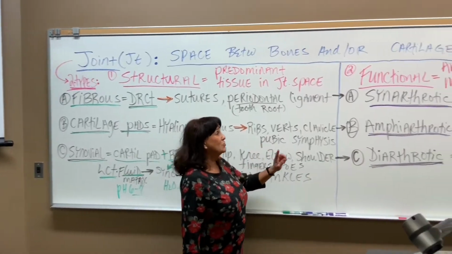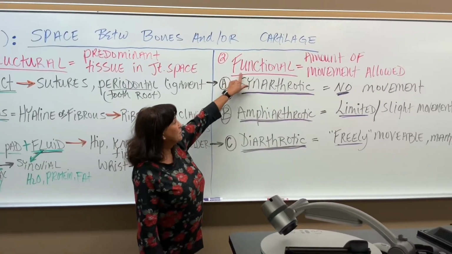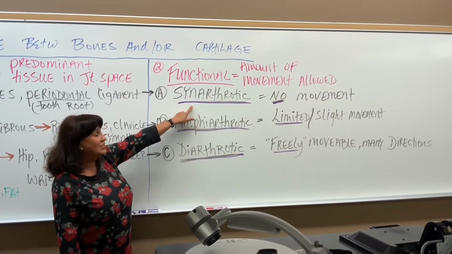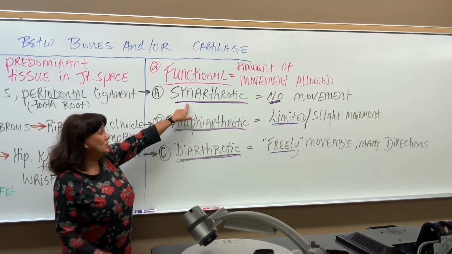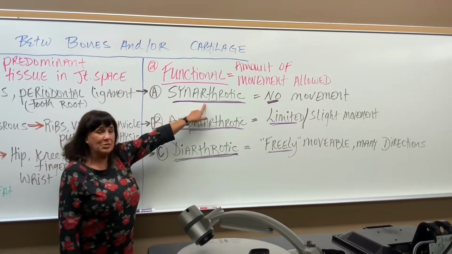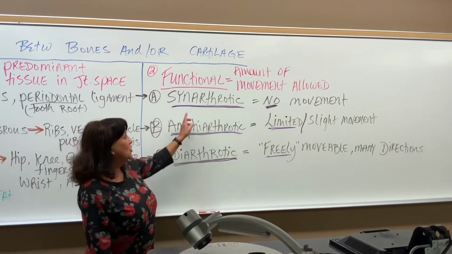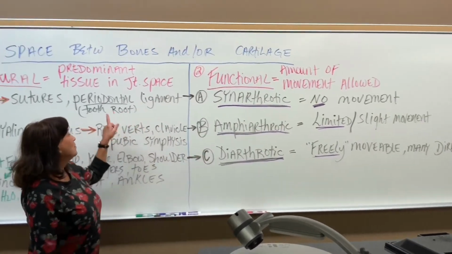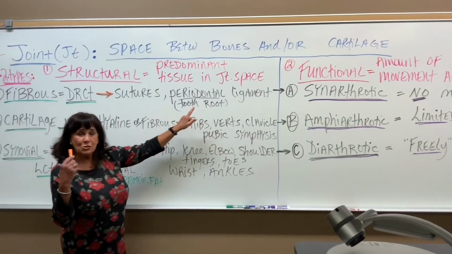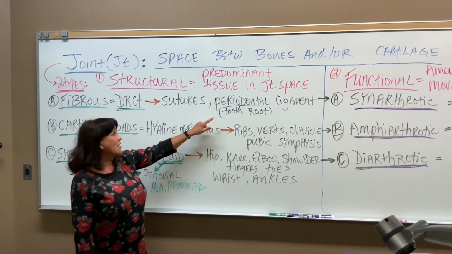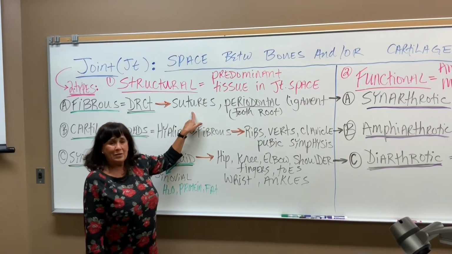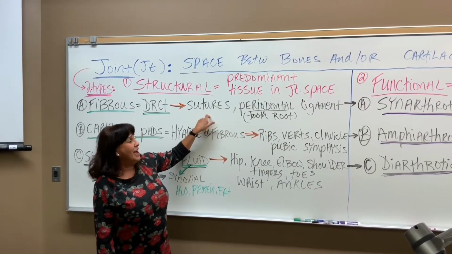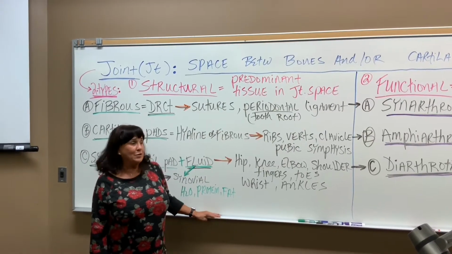Well, not much. And so if we go over here, their functional type of classification is called synarthrotic. Syn means no, and arthrotic means movement, okay? And so no movement is allowed by periodontal ligaments, so your tooth stays anchored and solid, and by the sutures. You don't have any movement in your sutures, otherwise your skull would come apart, right? And so that wouldn't be very protective for the brain.